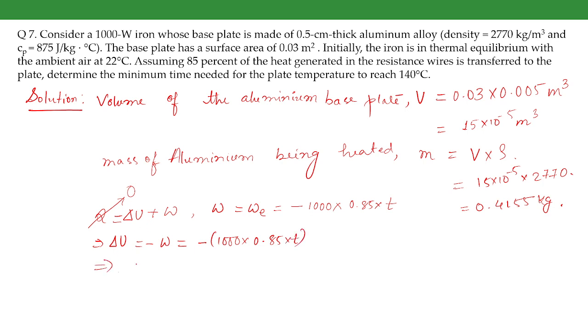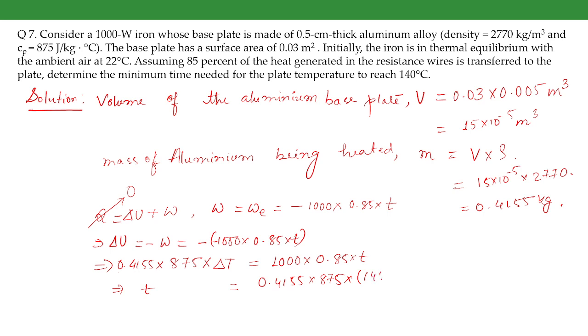So what is the change in the internal energy? It will be the mass of the aluminum being heated, that is 0.4155, the specific heat of the aluminum, that is 875, multiplied by the change in the temperature, delta T. Another minus will come from here, so this will ultimately become plus 1000 into 0.85 into T. Let us equate it: 0.4155 into 875 into the change in the temperature.